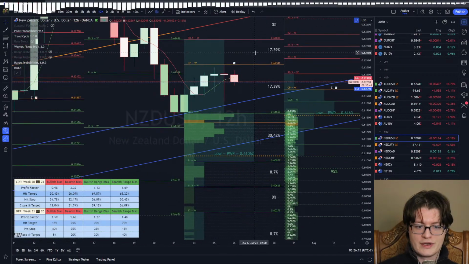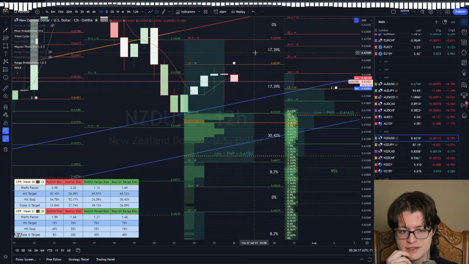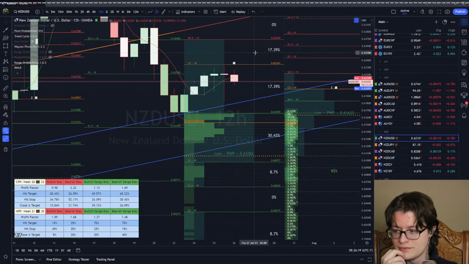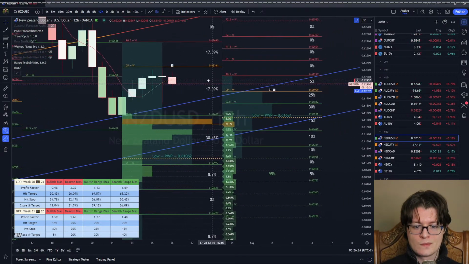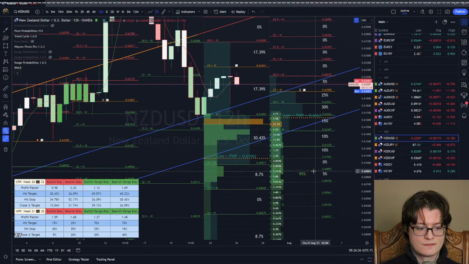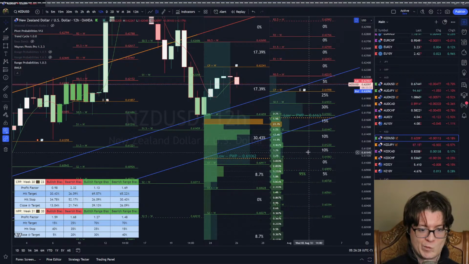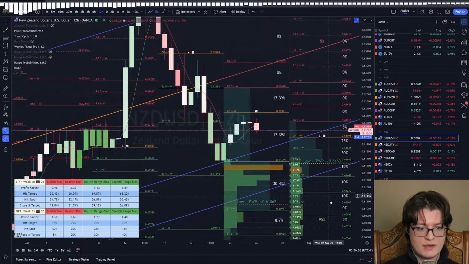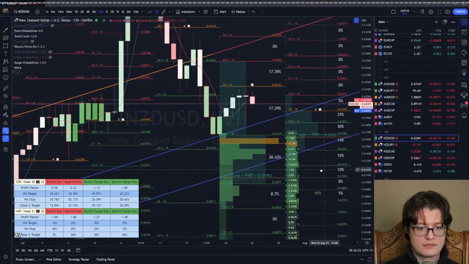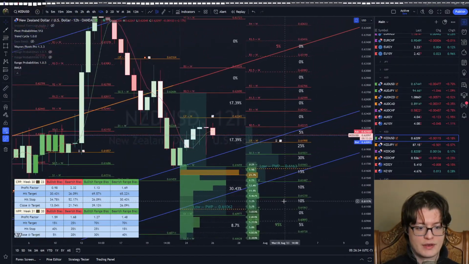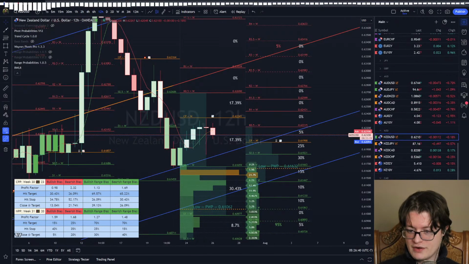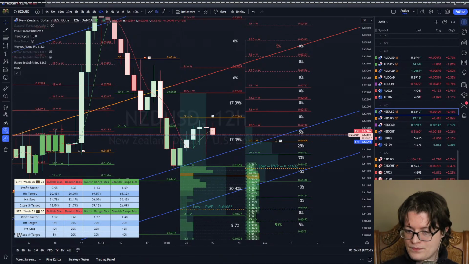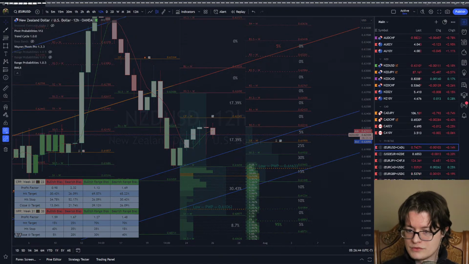I always prioritize the daily yield spread over these lower time frame yield spreads. But yeah, I'd be on the more careful side here. Definitely going to be on the more careful side.